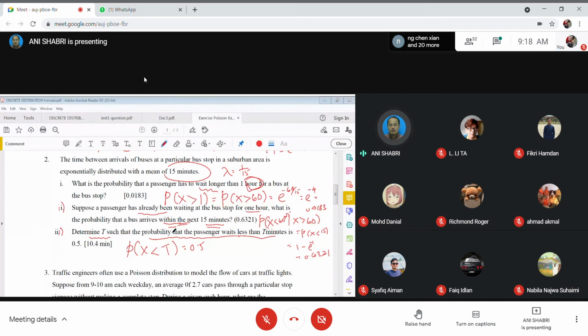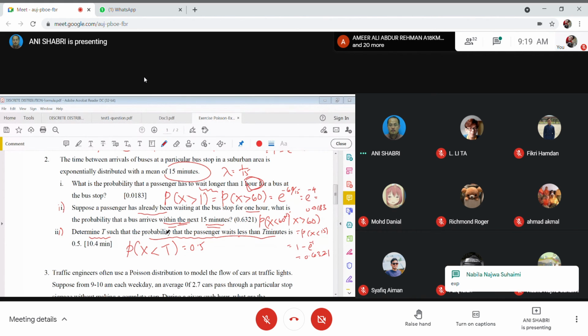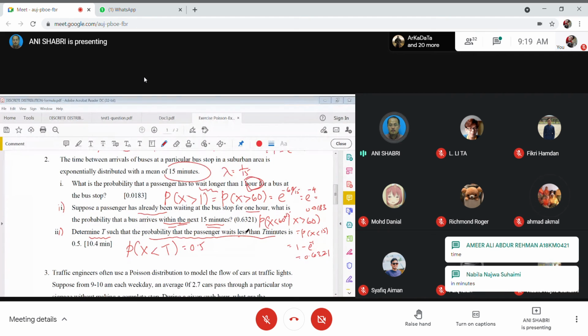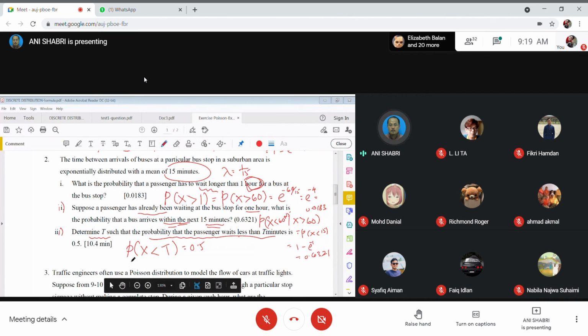Okay, for this one, exponential or Poisson distribution? Exponential or Poisson? Okay, exponential. Why exponential? Because we time, bila time kita gunakan exponential. Okay, what is the formula? X less than T, formula?